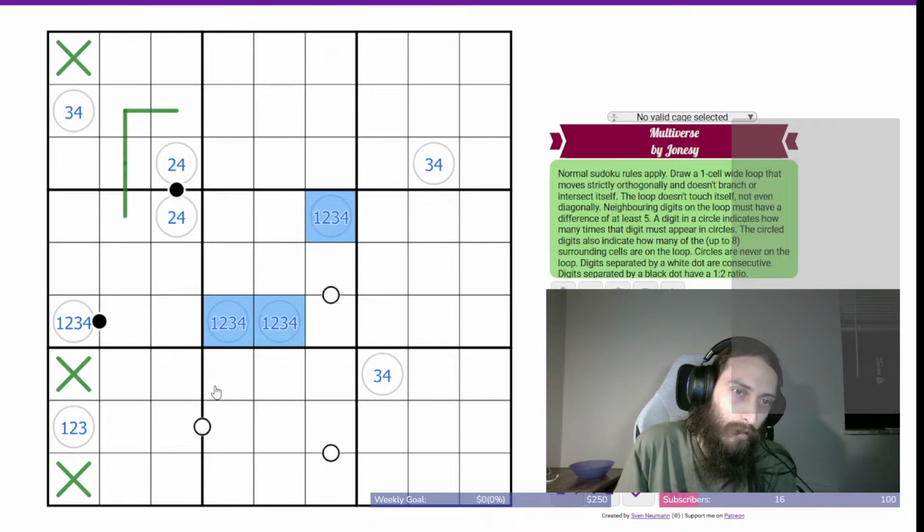But I guess, does this path work? That's a 4, that's a 2. Well, the answer is no, because it's got walls here, and now there as well. So it's trapped.